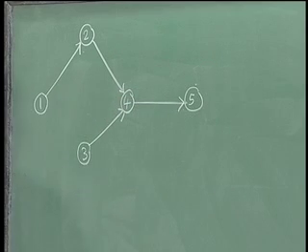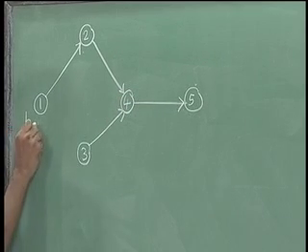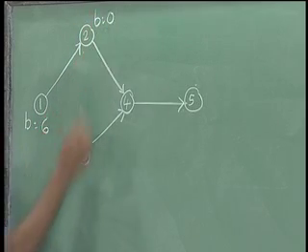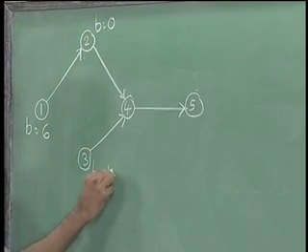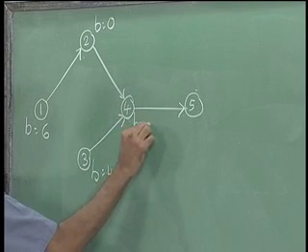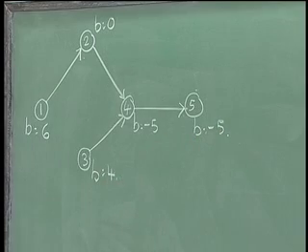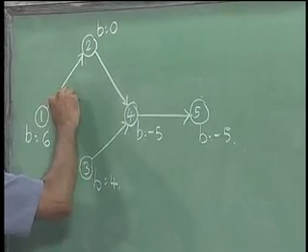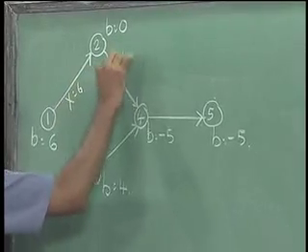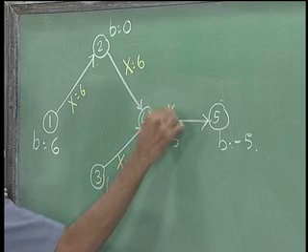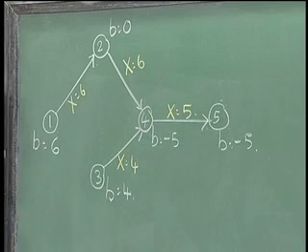Now, here we have b equal to 6, b equal to 0, b equal to 4, b equal to minus 5, b equal to minus 5. Now, these represent the flow. So, here I have x equal to 6, x equal to 6, x equal to 4 and x equal to 5.